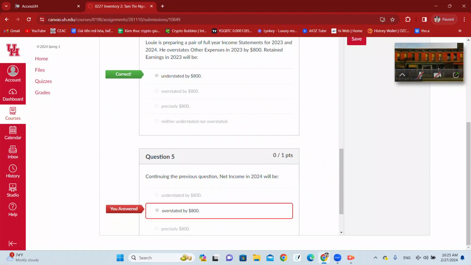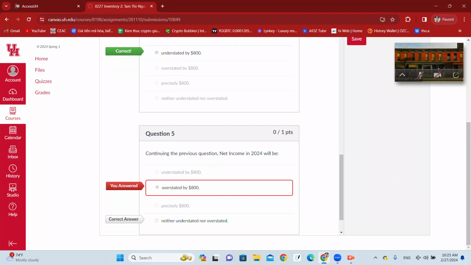That could carry forward into current year retained earnings, but it doesn't affect revenues or expenses for this year. And therefore, the answer to the fifth question, net income for this year, 2024, is not impacted. Retained earnings, which the question did not ask, would be.